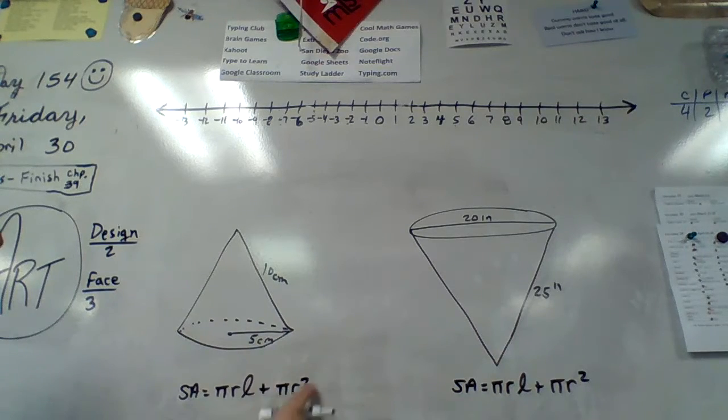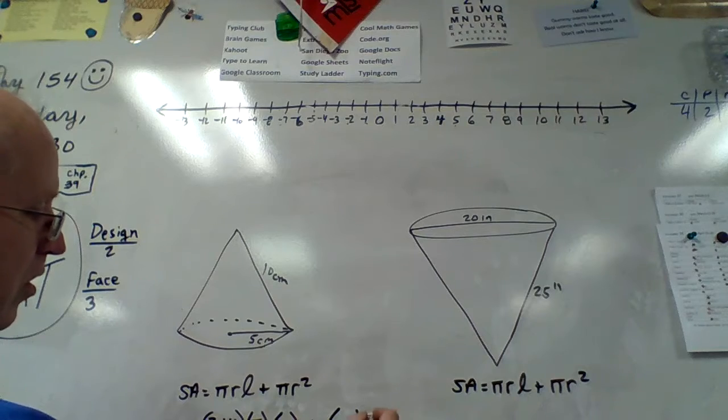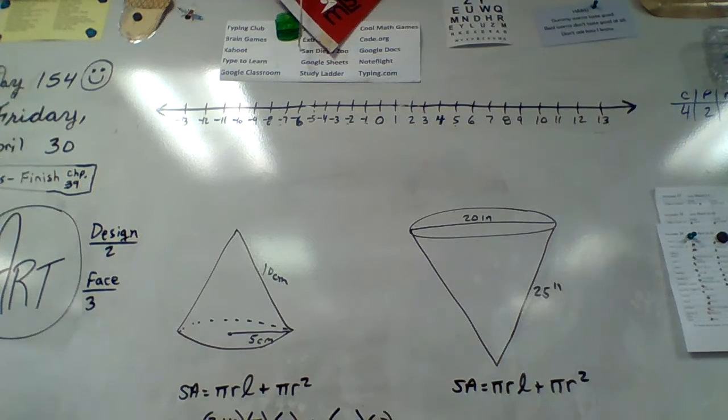So this is my base area, and this is my side of the cone area right here. So the base circle area plus the side of the cone area gives us the total surface area. So I'm going to go 3.14 times our radius of 5 times our lateral height of 10 plus pi again times our radius squared. Our radius is 5, and that should give us our answer.